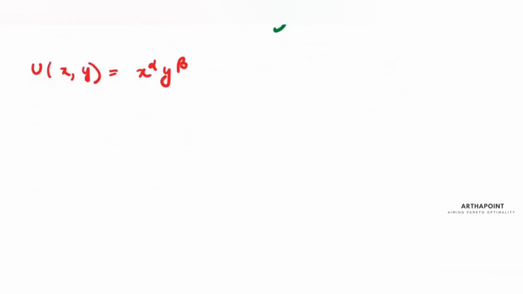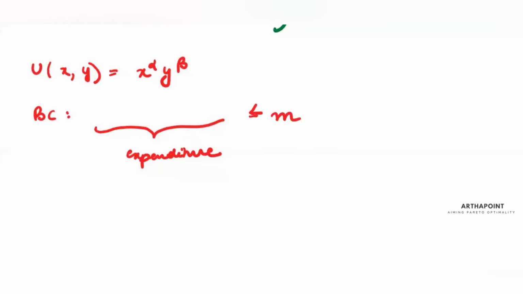And let's say that there is a budget constraint. Budget constraint is my usual budget line. And my budget line just says that the total expenses that I do cannot exceed my income. So it has to be either less than my income or equal to my income.